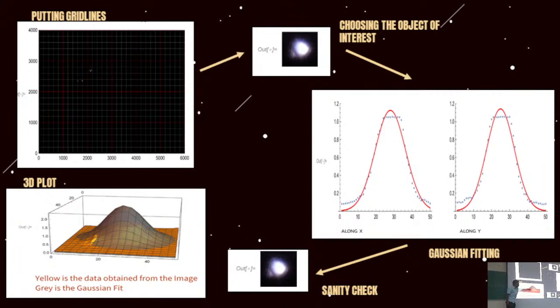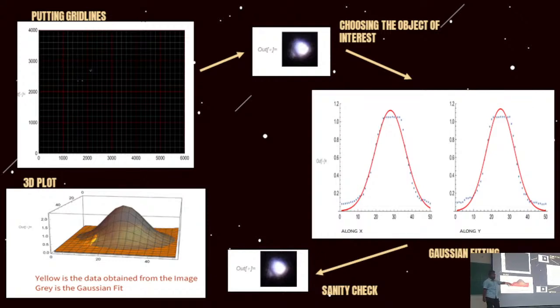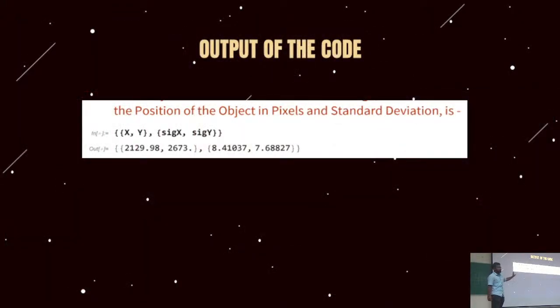This yellow plot, whichever you are seeing, is a 2D column: the intensity versus pixel number, and this black plot is the fit that we have. Meanwhile, you can see the output of the code gives me x, y, and then sigma.